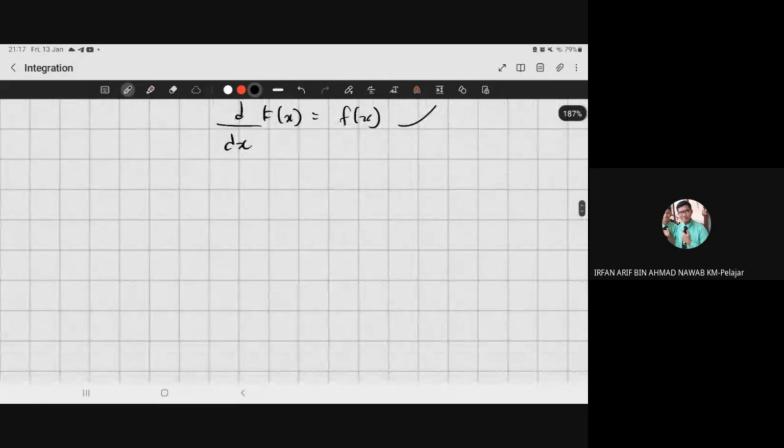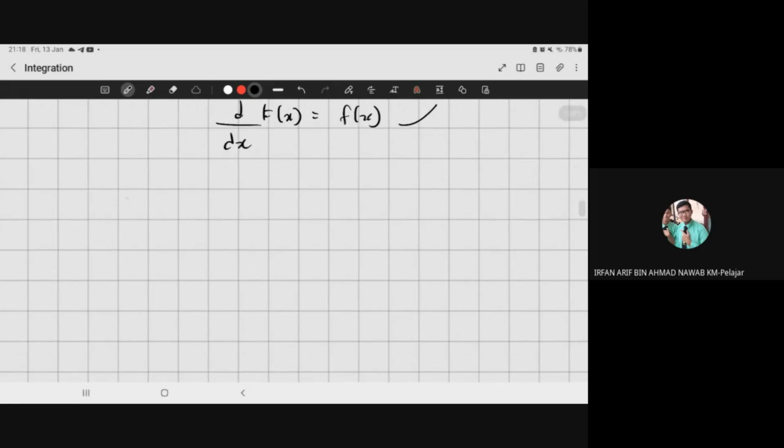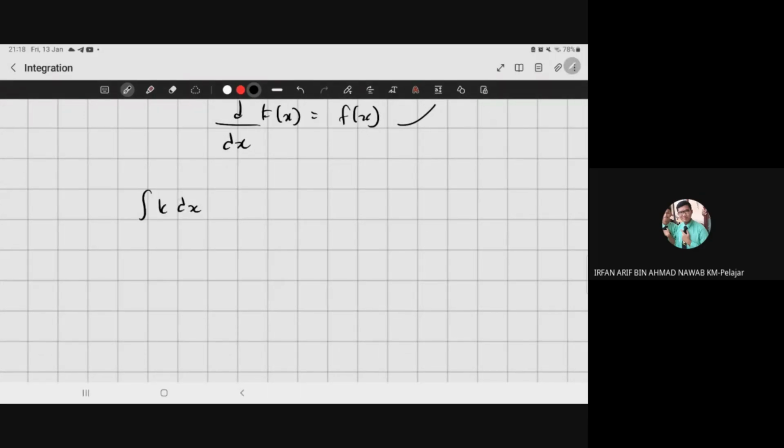As you all know, let's say k is a constant, k is a real number. When you integrate k with respect to x, this is the variable.